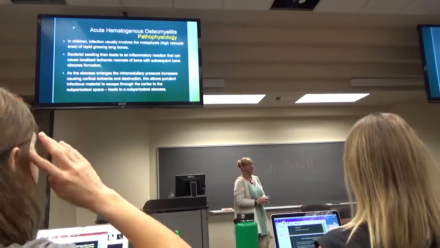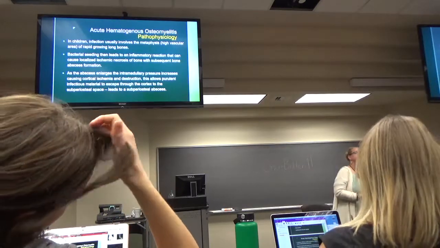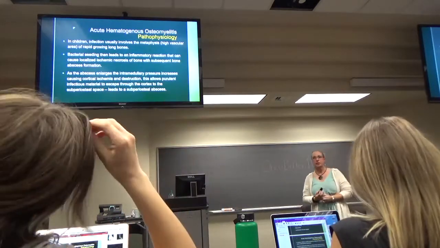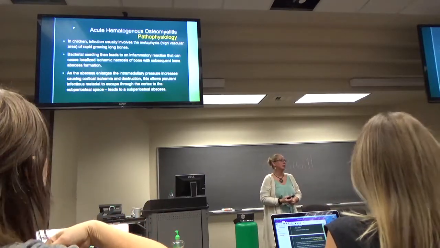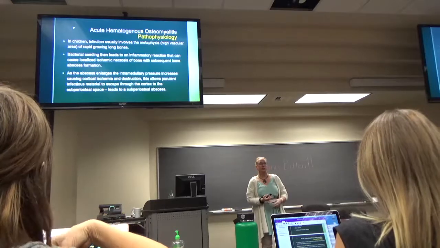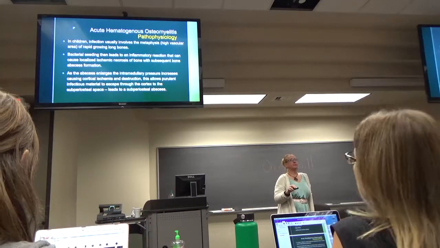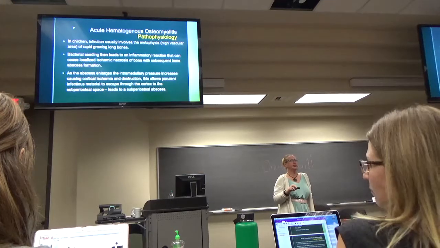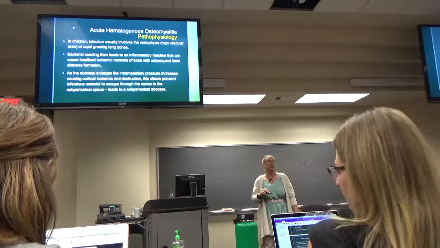So not only does that do you well for Salter-Harris fractures, but for types of osteomyelitis and the age groups. Because you're going to need to explain these areas involved to the specialist that you call on the phone.